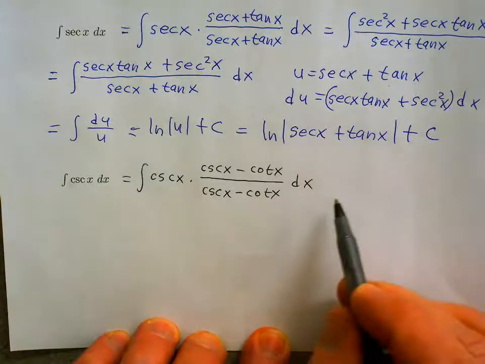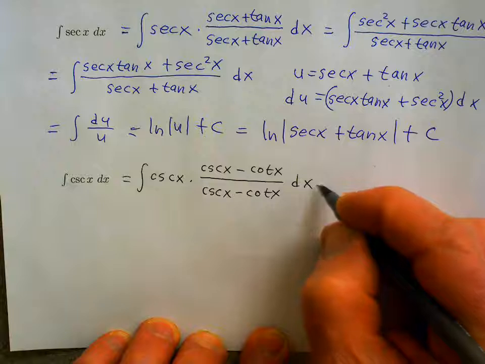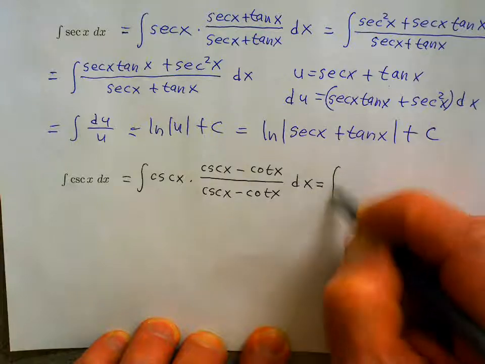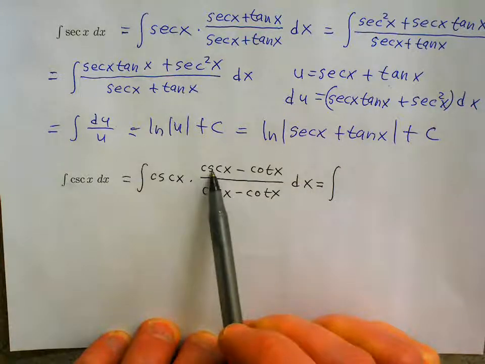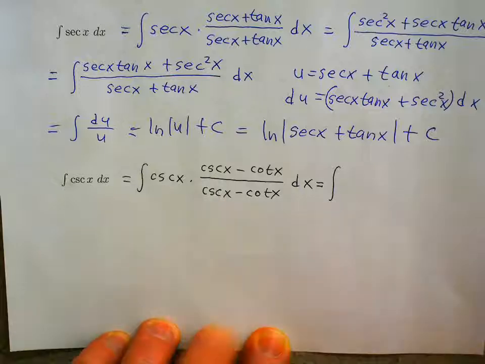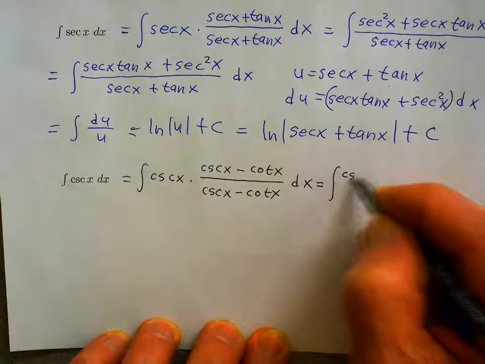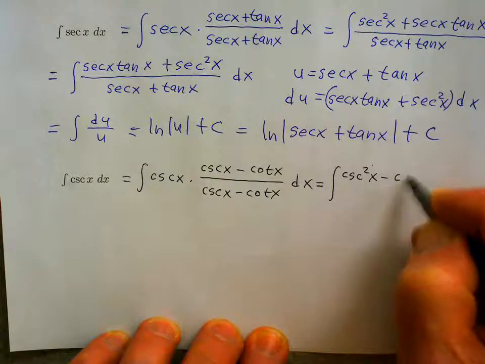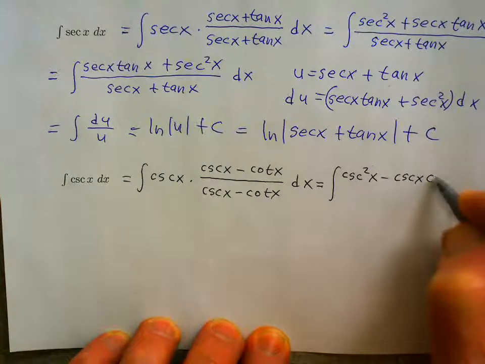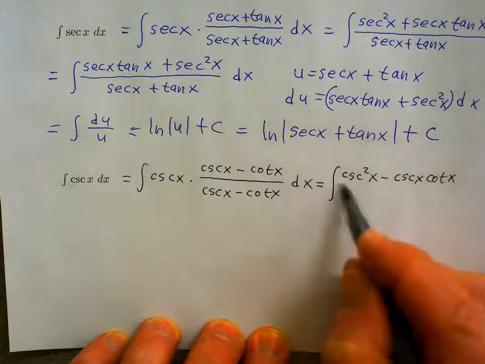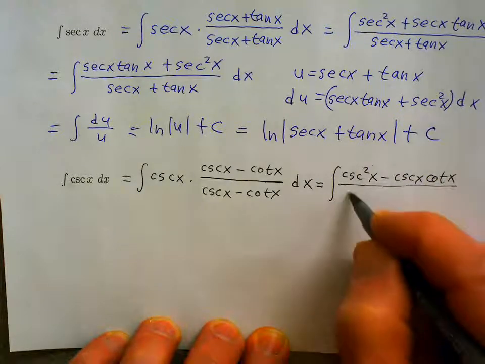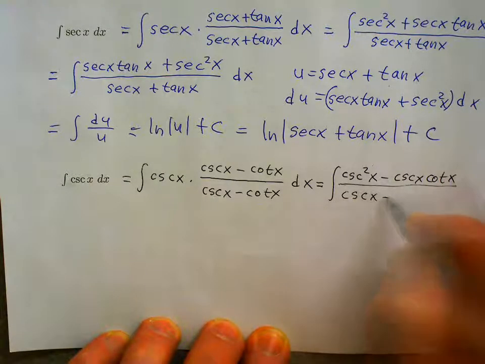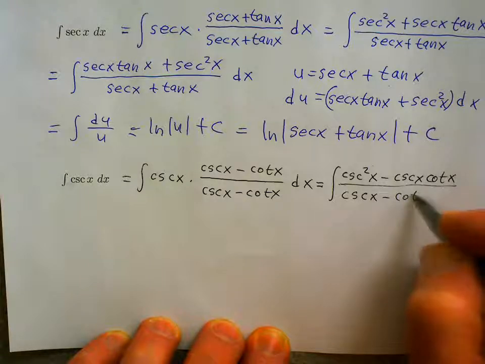We'll multiply the numerator by cosecant of x, and we'll get cosecant of x squared minus cosecant of x times cotangent of x, divided by cosecant of x minus cotangent of x dx.